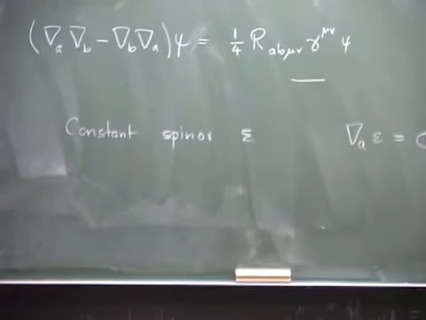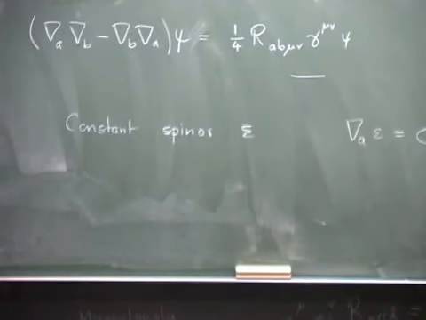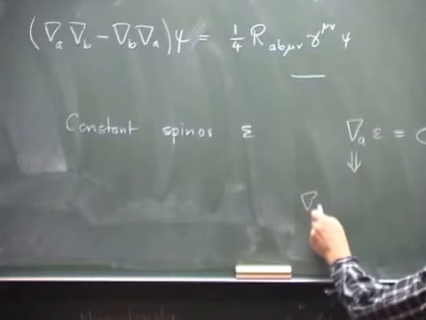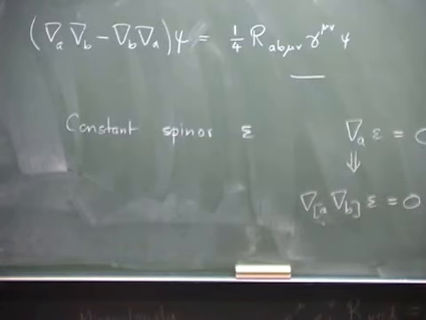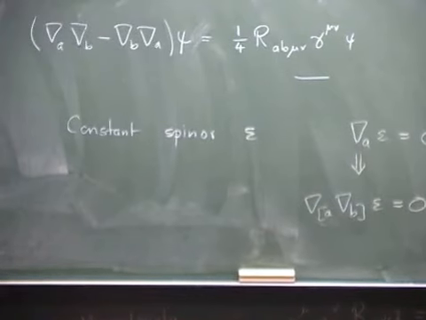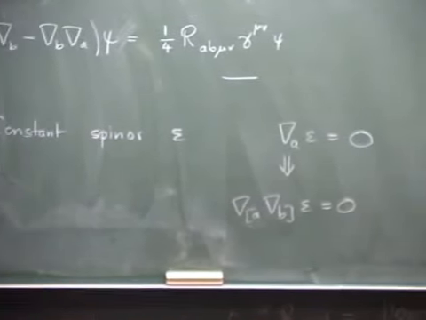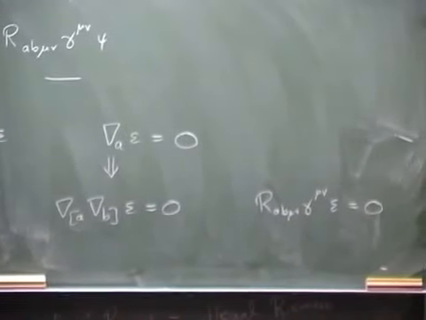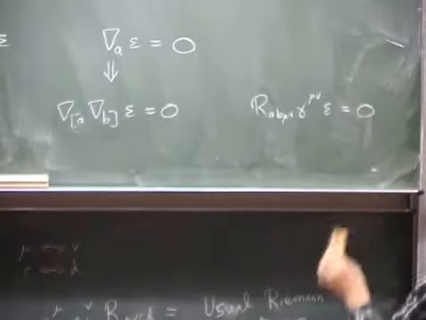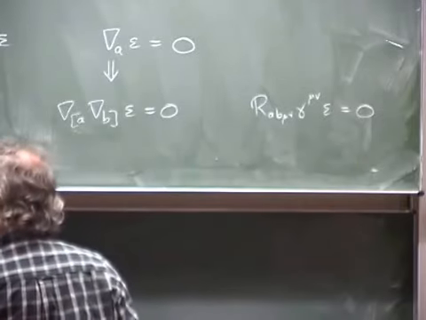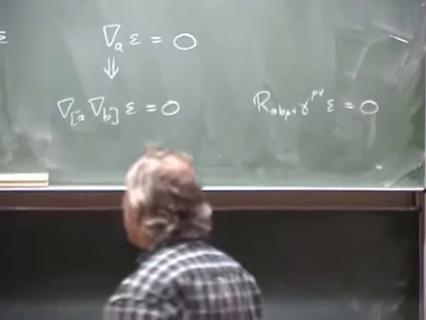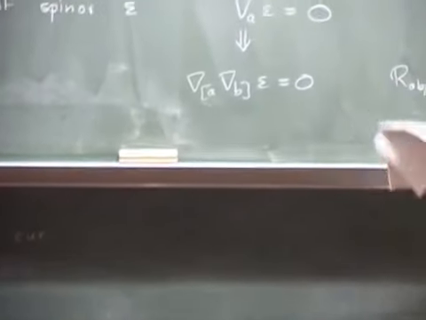You cannot always satisfy that equation because this implies that ∇_A ∇_B ε is equal to 0, and that implies that R_AB μν γ^μν ε is equal to 0. And that tells you that curvature is in general an obstruction to having a covariantly constant spinor. We can do a little bit more about looking at this equation later on.